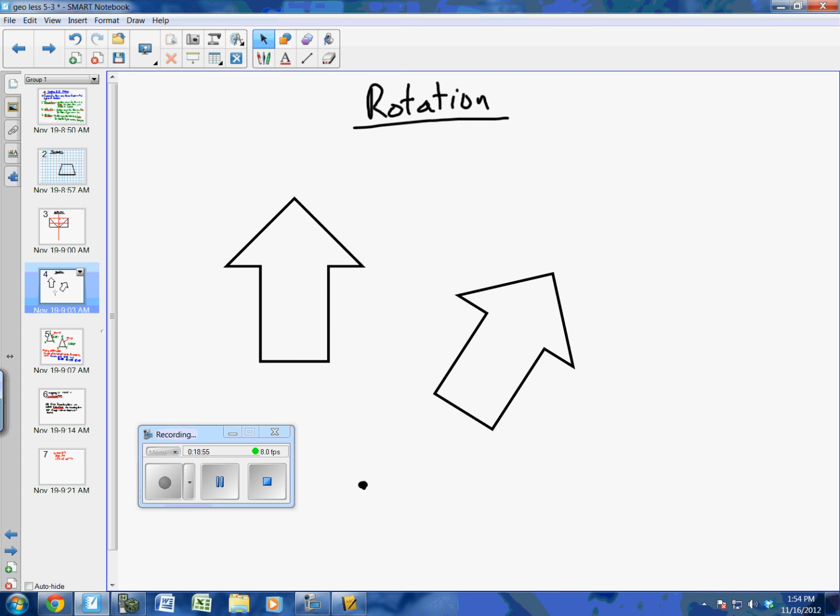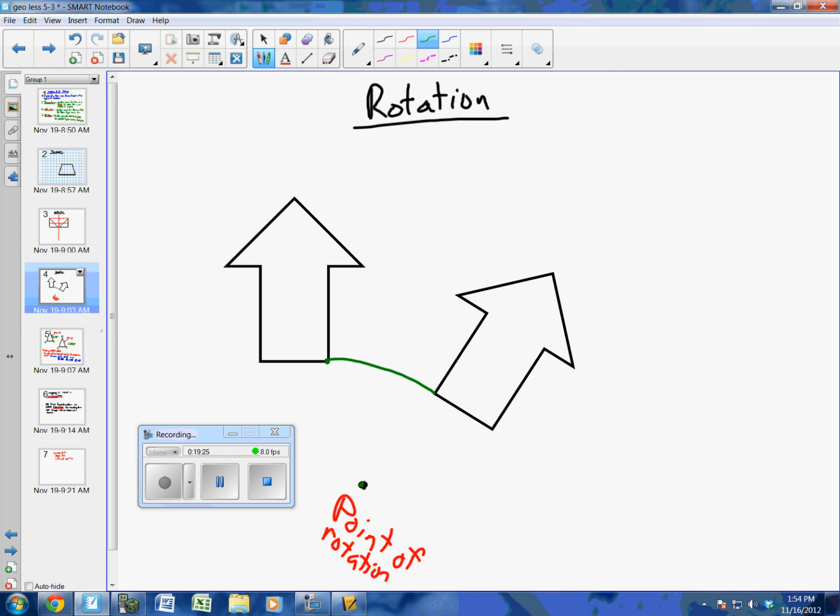And then right here, a rotation usually has what we call a point of rotation. So right here is a point of rotation. This doesn't work very well for rotating, but you can see that this is the center of a circle, and if I rotated this point to this point, it would move along that circle right there.